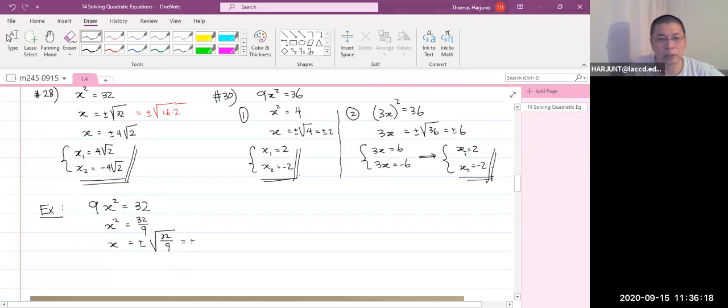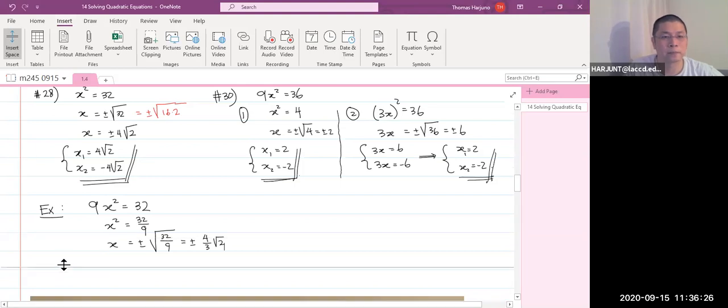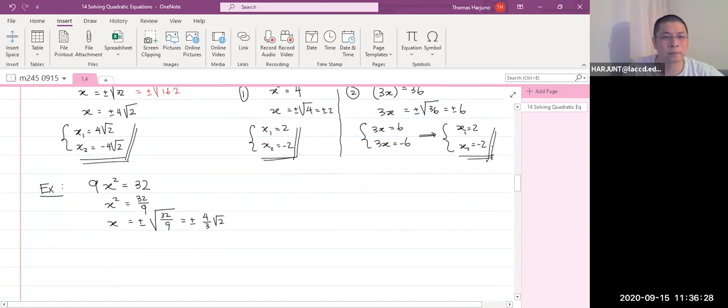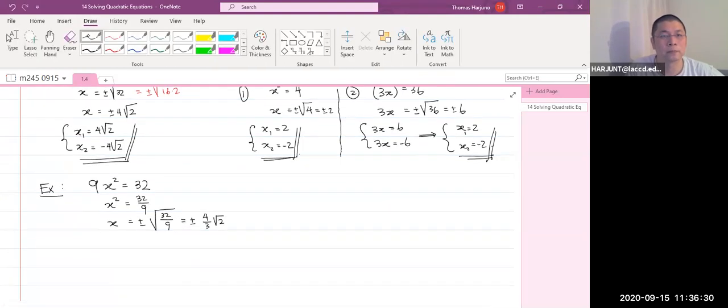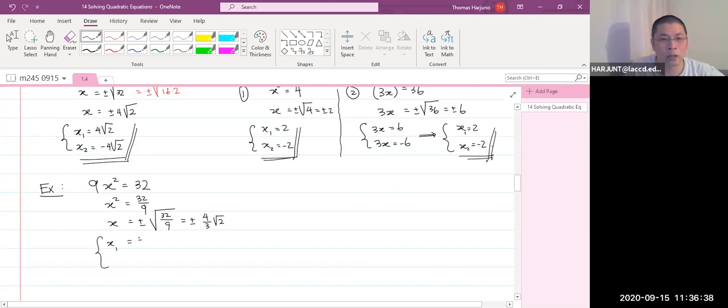This is plus minus 4 over 3 square root of 2. And then I split it. So x1 is 4 over 3 square root of 2. x2 is negative 4 over 3 square root of 2.